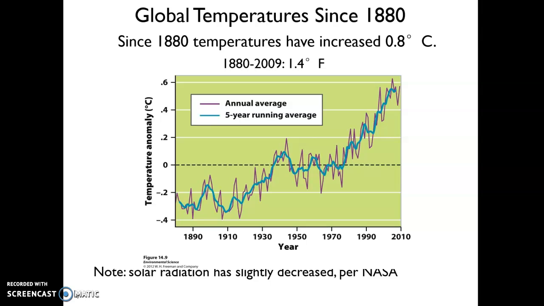So to backtrack for just a minute, that 0.8 degrees centigrade increase between 1880 and 2009 would be the same as a 1.4 degrees Fahrenheit increase. And then from 2009 until 2019, there has now been a 2.1 degree Fahrenheit increase.